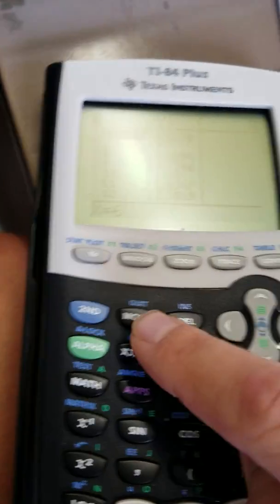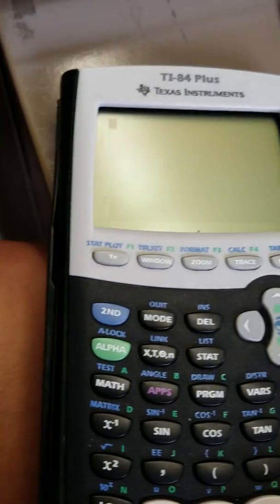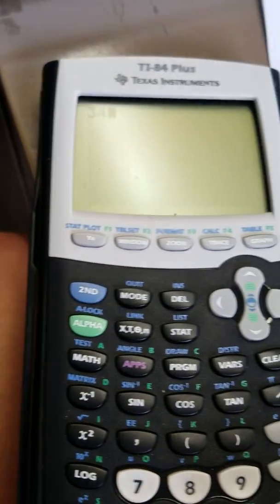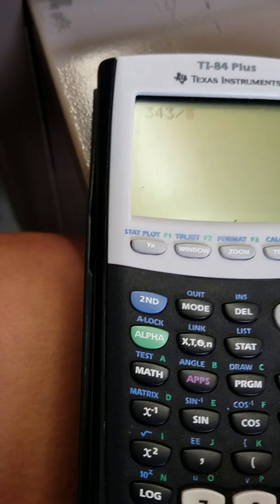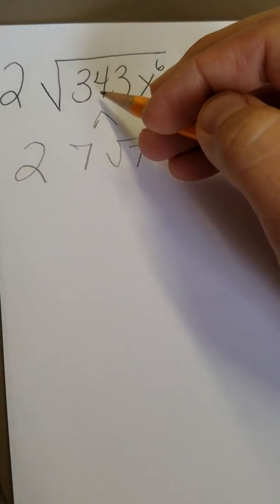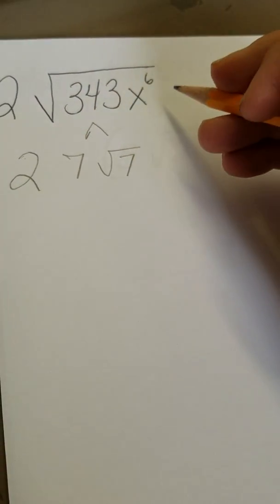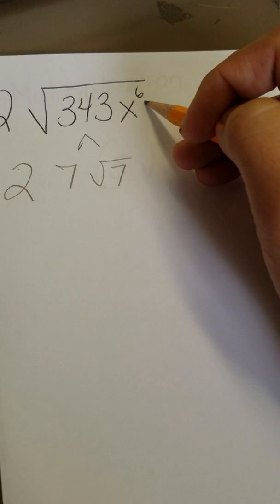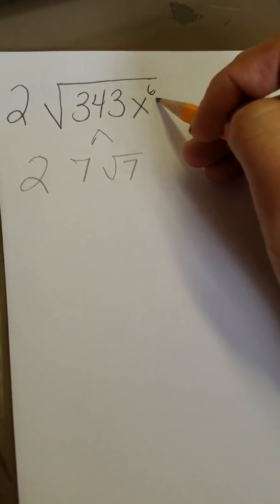Or I could have just broken down 343 by trying out all my perfect roots. 343 divided by 49 is what gives me a perfect answer. Okay, so back over here. I broke 343 down. It breaks down completely. Now x to the 6th is also perfect. He's going to break down completely.